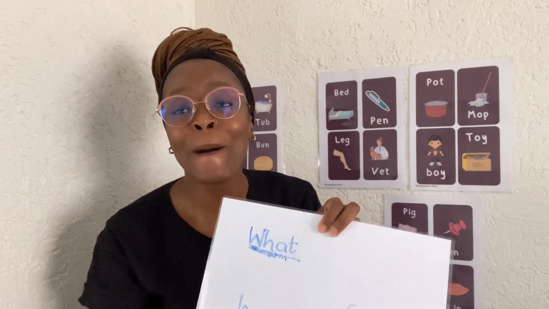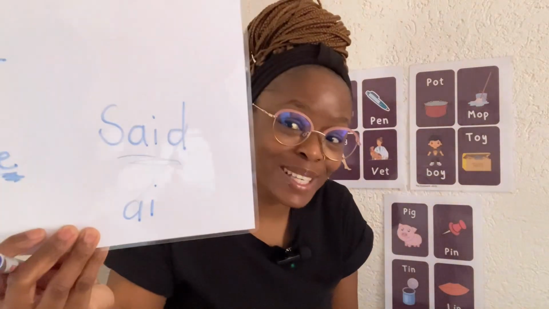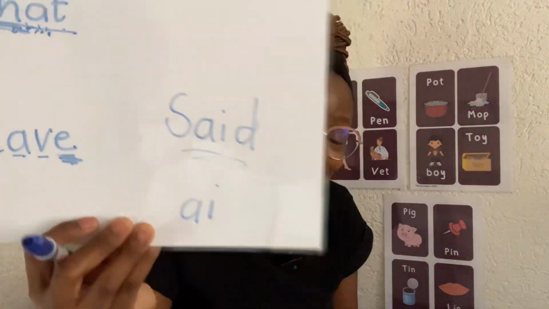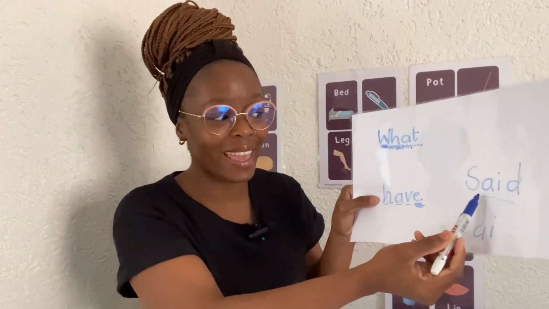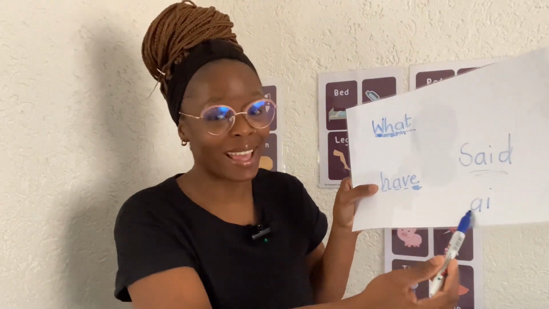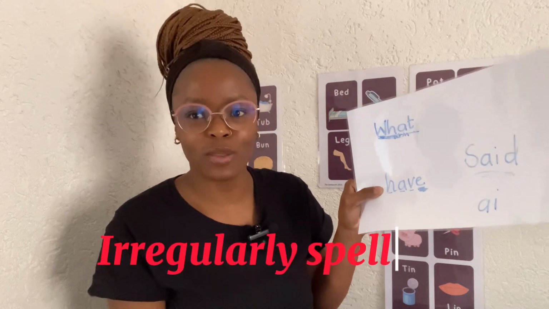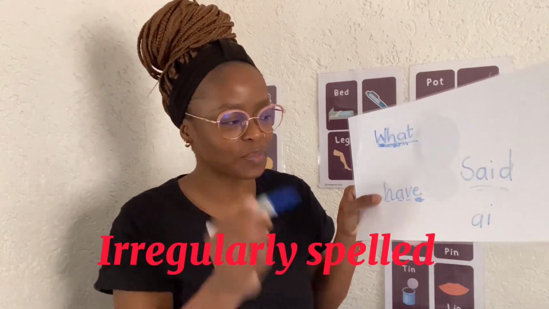Now, when we are doing sight words, this particular sight word, said, the A-I now doesn't say "ay". What does it say? It's one of those, what do they call them? Weirdly spelled or weirdly sounding. I forgot the correct word, but I'll remember and I'll write it down here.